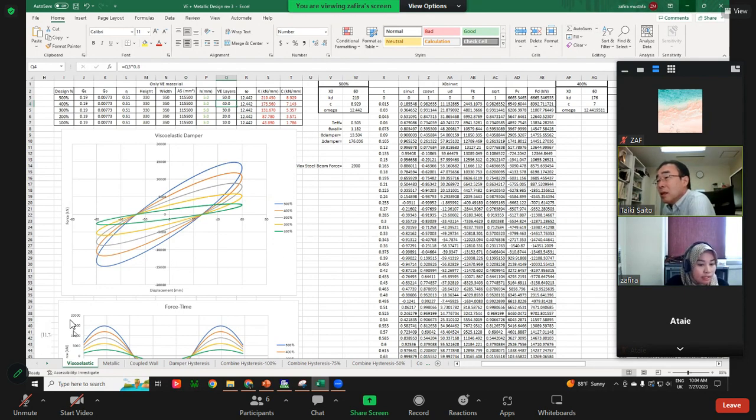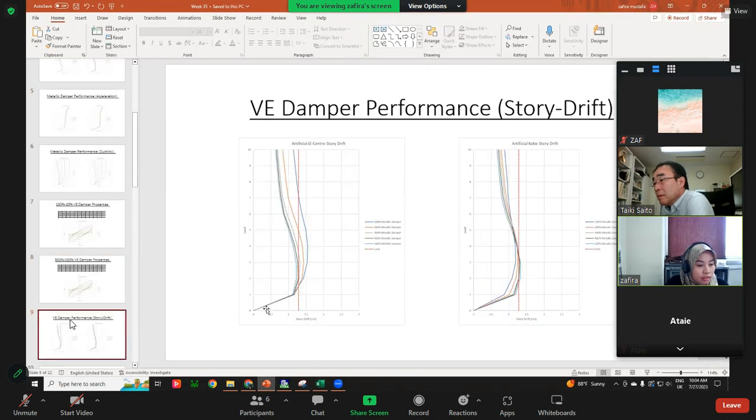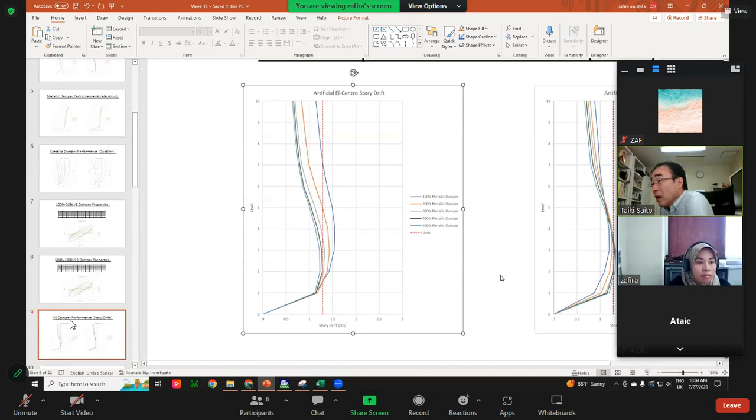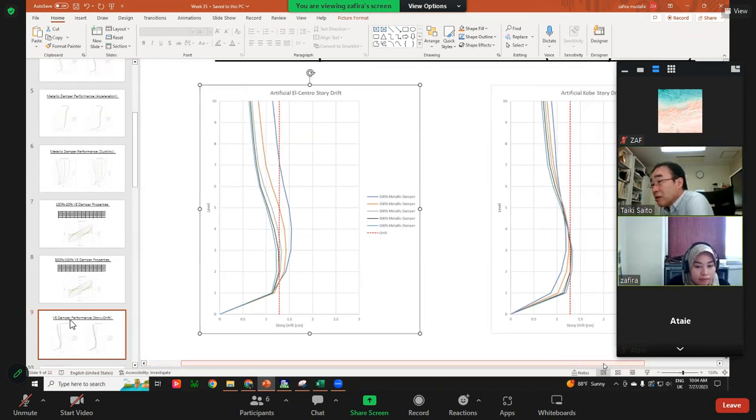Okay, and then the result is this. So 100% is here, and 500% is the light blue color here. In the case of the Kobe and El Centro earthquakes, the results are different. In the case of Kobe, there is a big difference. 100% is better than 500%.